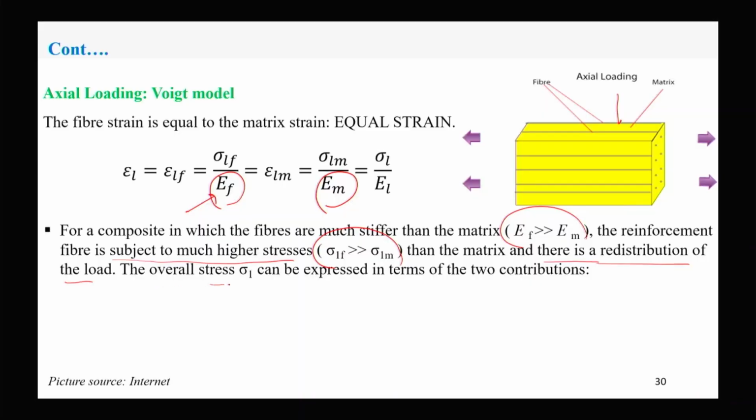The overall stress on the composite can be expressed in terms of two contributions. One is the contribution due to the fiber and the other is the contribution due to the matrix.